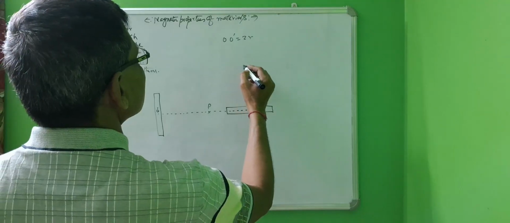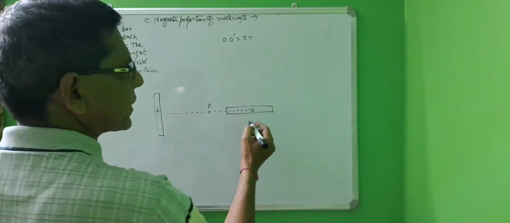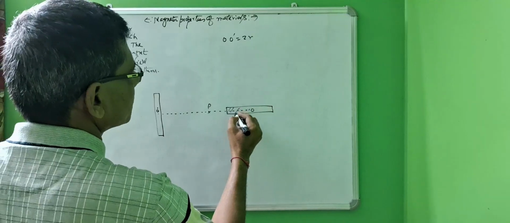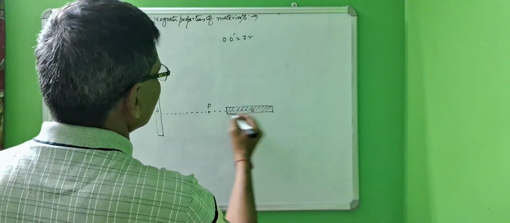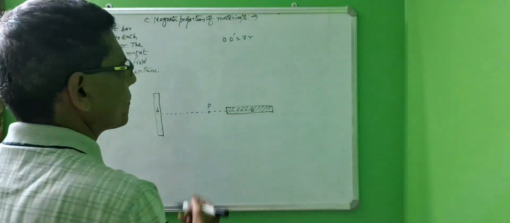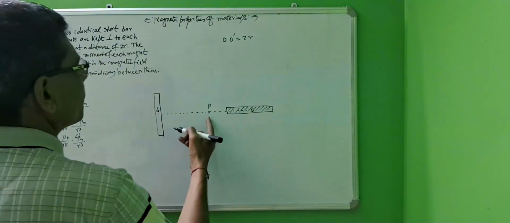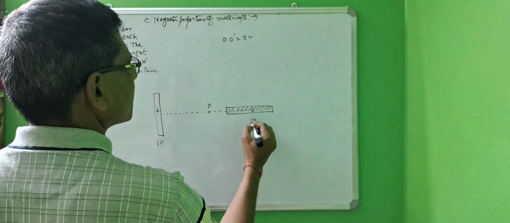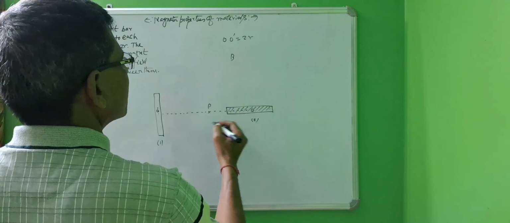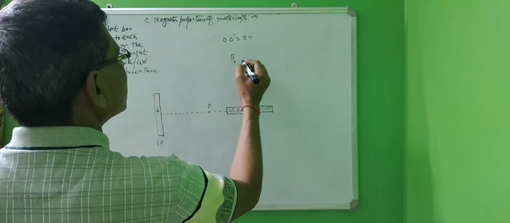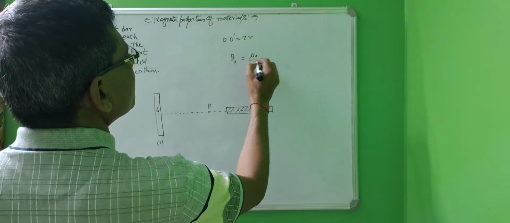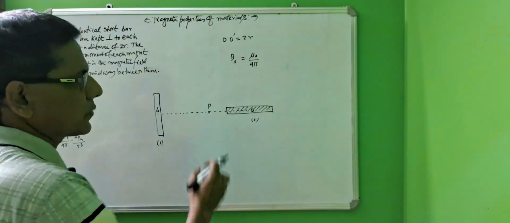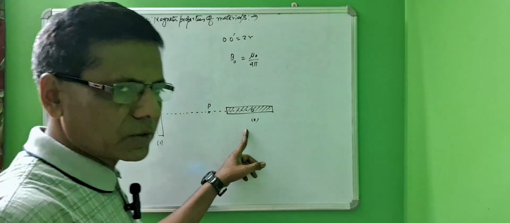So for this magnet, we get the magnetic field at P. This is magnet number 1, and this is magnet number 2. For this one, B2, we get mu 0 by 4 pi, because this one is an axial point for magnet number 2.